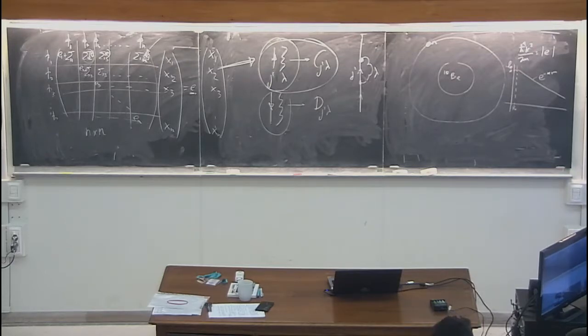This is a Hartree-Fock calculation, a standard Hartree-Fock calculation. And, well, in this way, you can explain the appearance of the halo structures in a simple way.